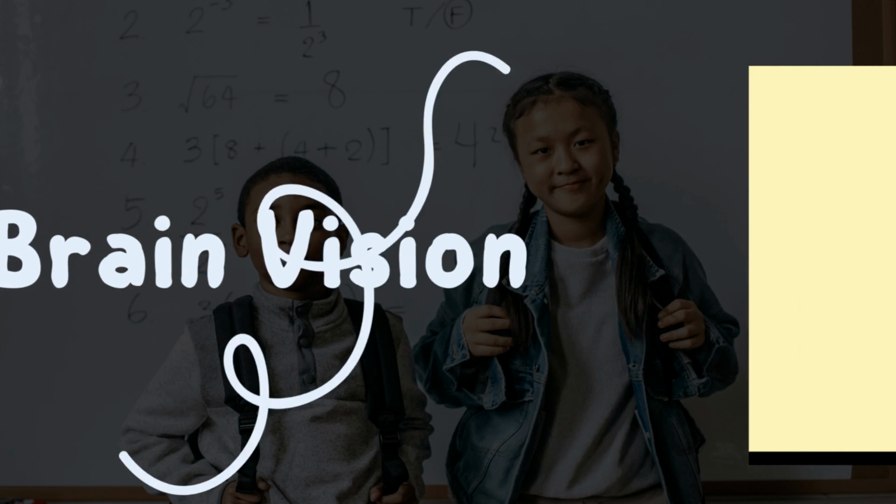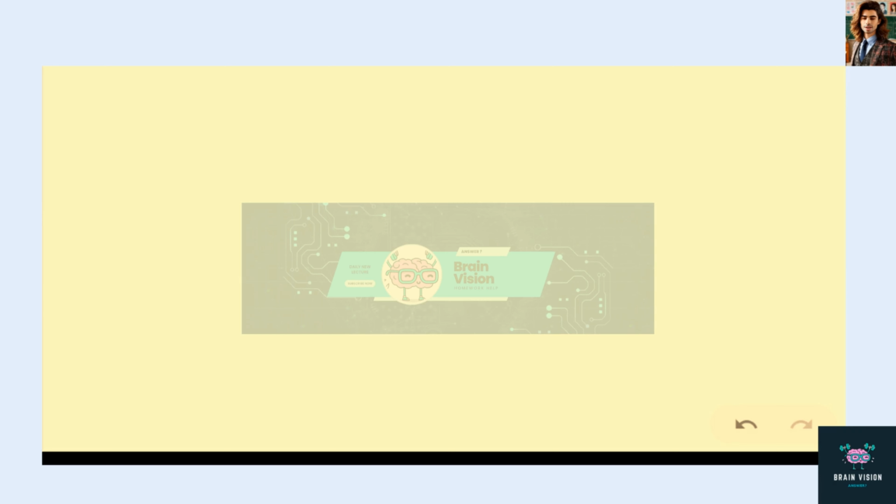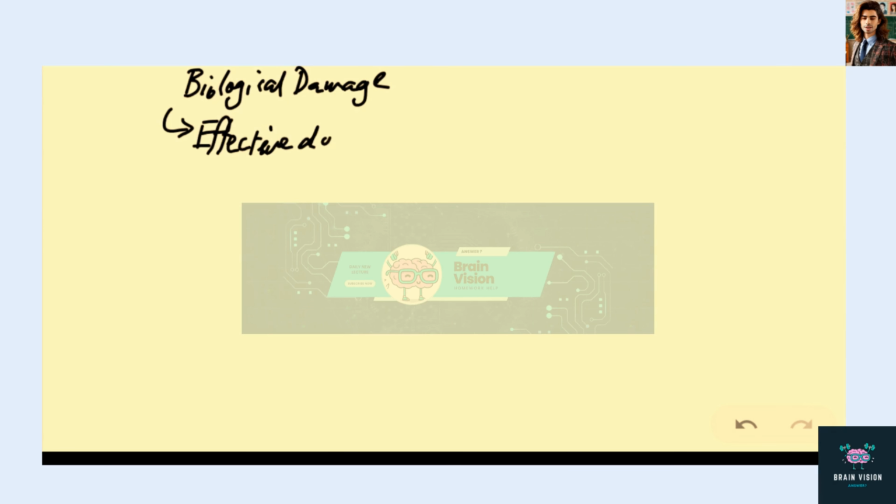In this question, we are comparing slow neutrons to fast neutrons. Now, first off, you need to understand biological damage. Biological damage can be represented by the effective dose, where the effective dose is equal to dose in terms of grays or rads multiplied by RBE, the relative biological effectiveness.